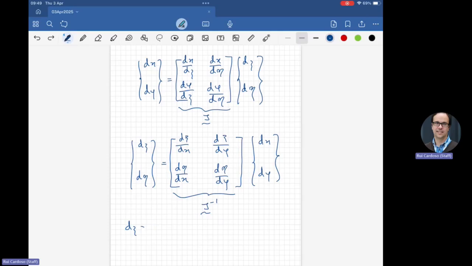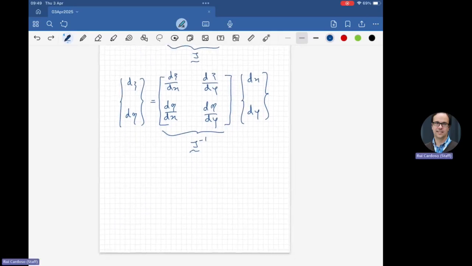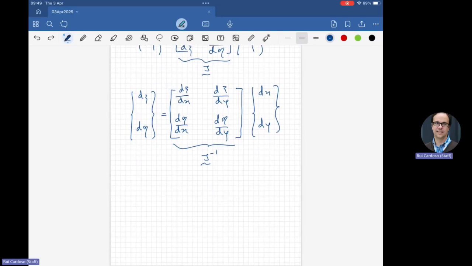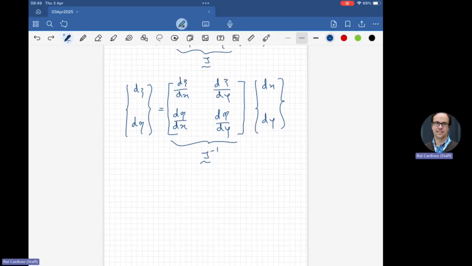Okay, and where are we going to use this inverse of this Jacobian? We are going to use it, for example, if you want to calculate the strain in the x direction, okay? We know that this is the derivative of the displacement u in order to x.